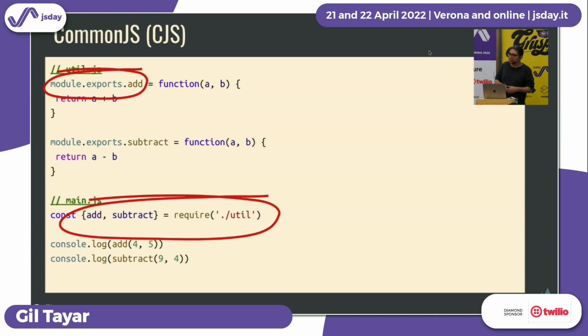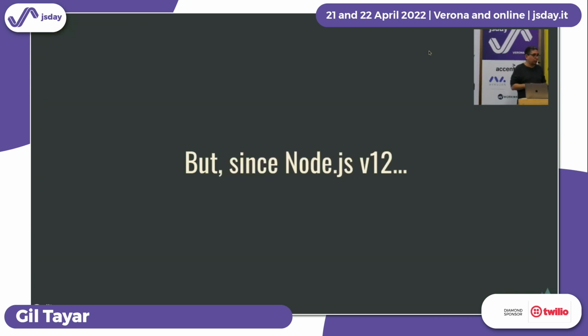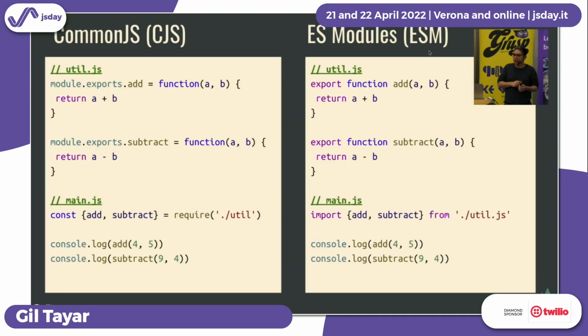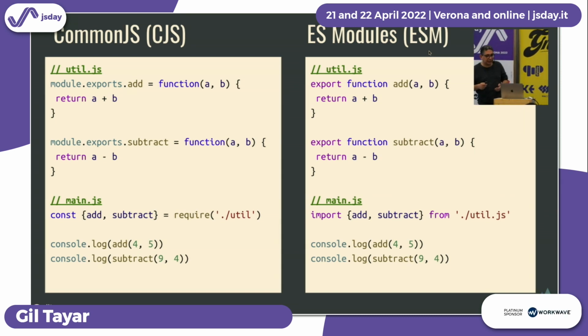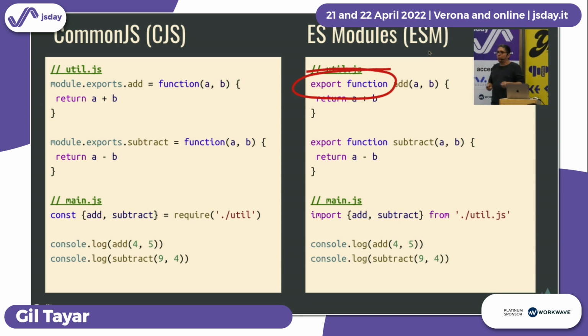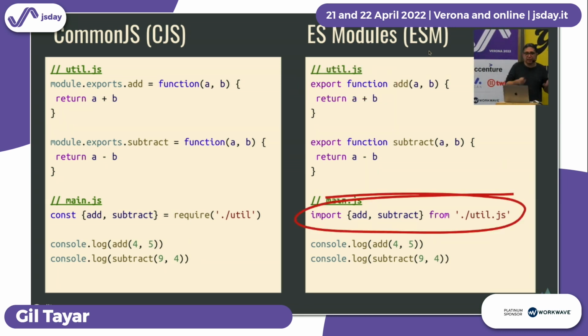That module system is not called require.js, it's called CommonJS, CJS for short. But since Node version 12, we have ESM alongside CommonJS. Very, very similar. Instead of exports.add, we have export function or export const or export whatever. And instead of requiring something, we import it.